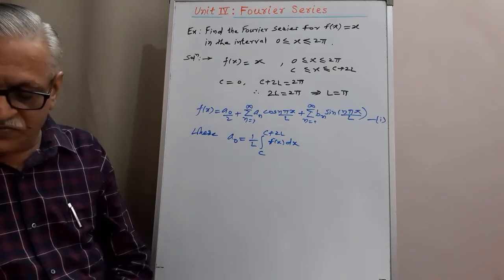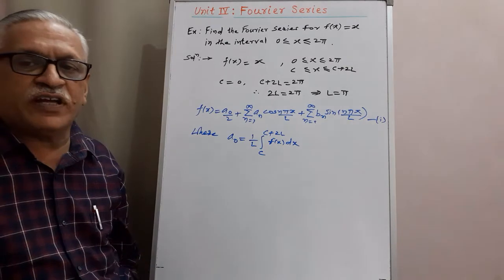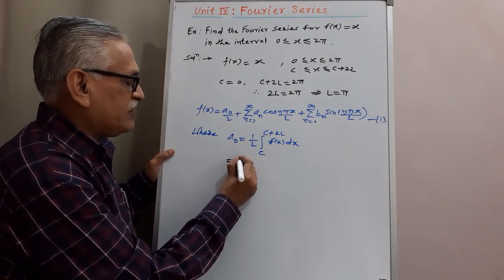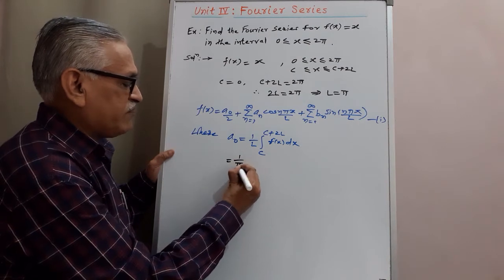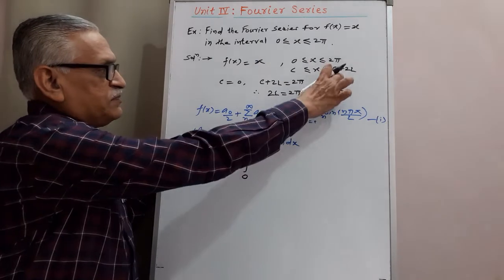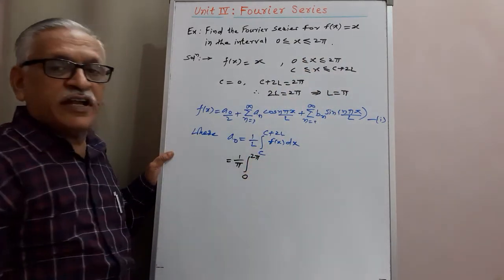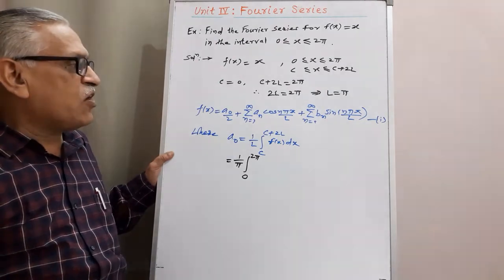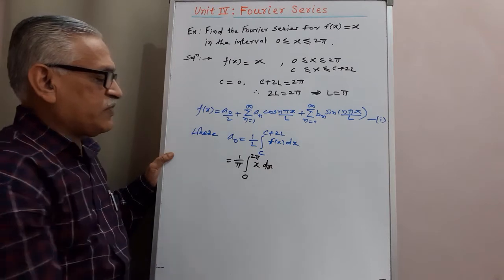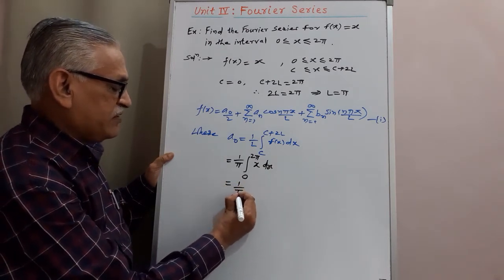Applying this formula to find the first Fourier coefficient a0. a0, an and bn are called Fourier coefficients. Substituting the values, L is pi, lower limit c is 0, c plus 2l is 2 pi, so we get 1 by pi, integration from 0 to 2 pi of f of x, which is x, with respect to x.